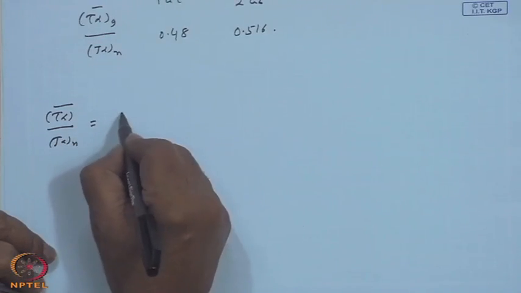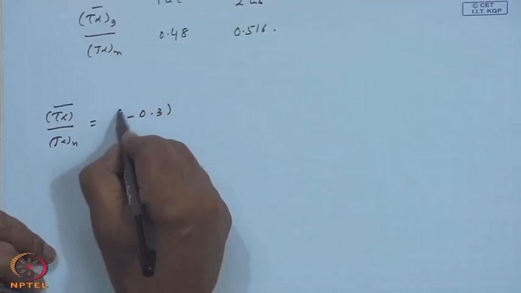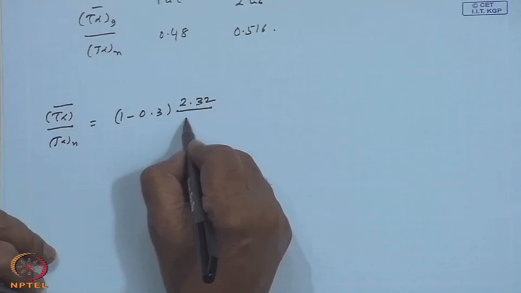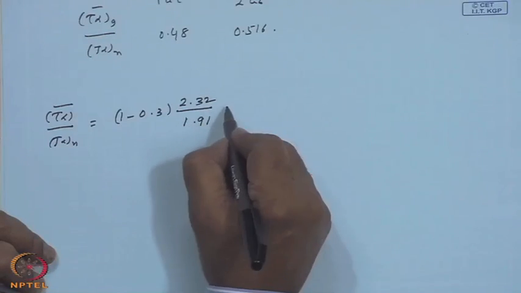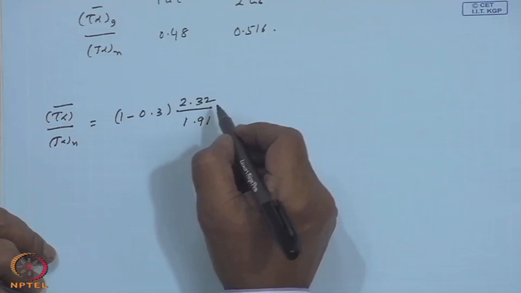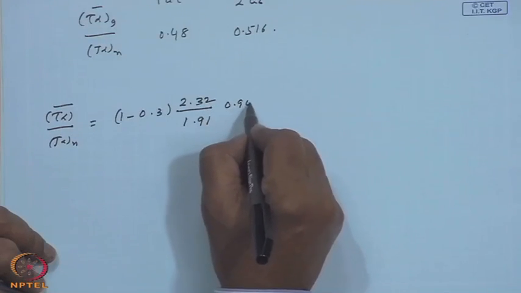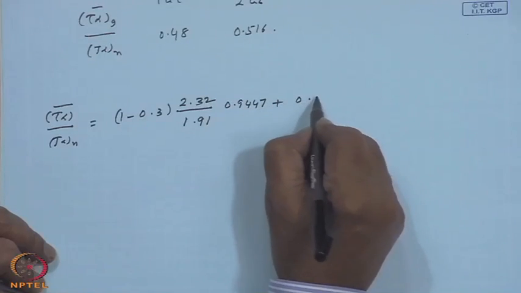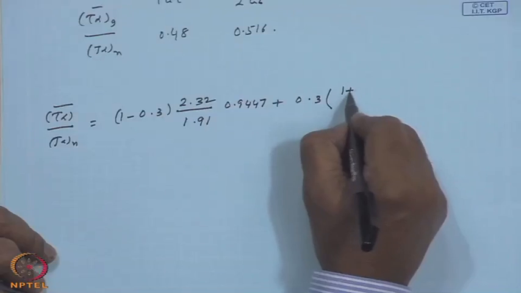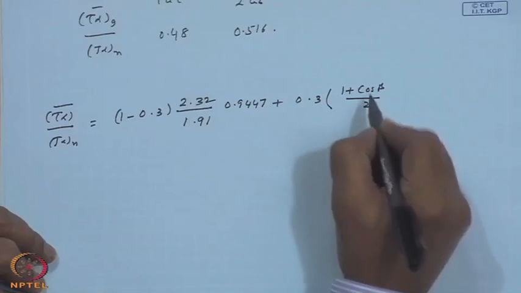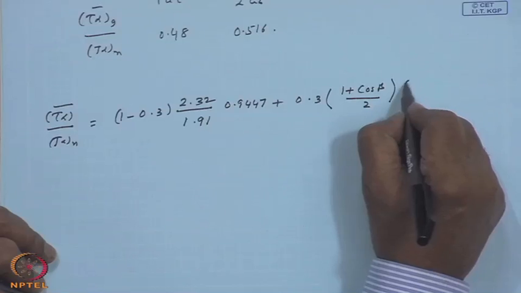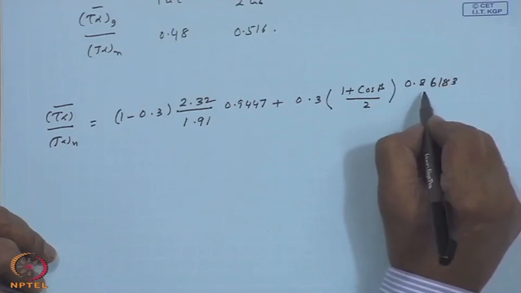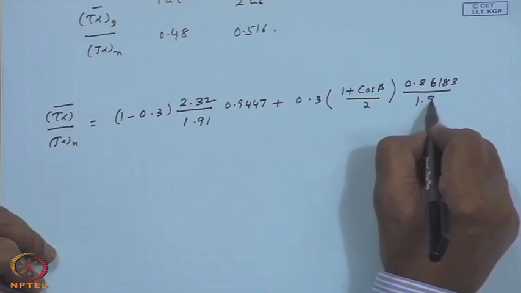So, if I plug it in the relation that we have written, tau alpha bar by tau alpha n is equal to 1 minus h d bar by h bar into r b bar by r bar, 1.91 times 0.94475 for two glass covers, plus 0.3, that is h d bar by h bar, into 1 plus cos beta by 2 times 0.86183 by r bar 1.91.